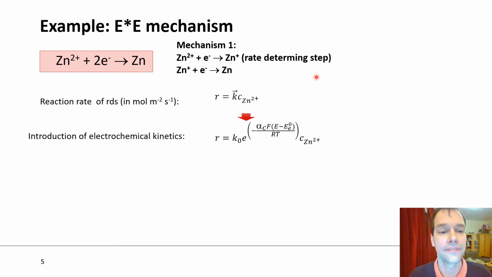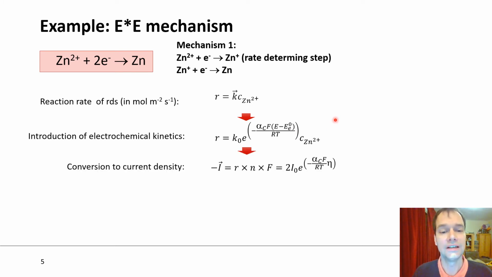Next, in that reaction we can introduce the electrochemical kinetics, as shown on the previous slide and also in section 3.2. So we introduce the k0 and the potential minus the standard electrode potential multiplied by the concentration. Then we bring that to the current density. Now we see a small difference with what we previously saw.